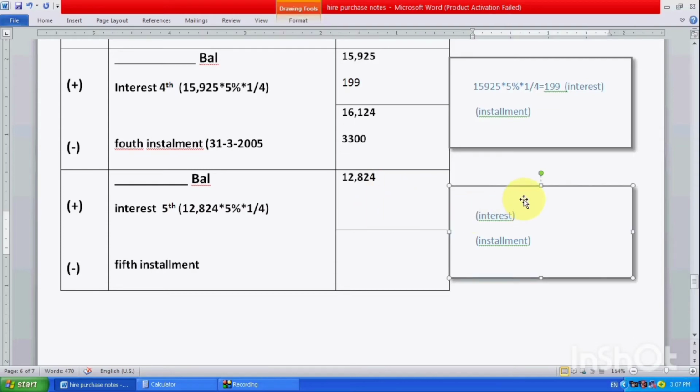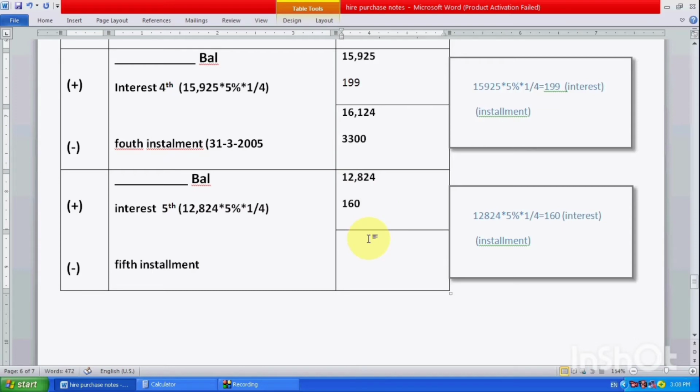See in working note, 160 we will get. Add these 160 to 12,824, and 12,984 is the remaining balance.